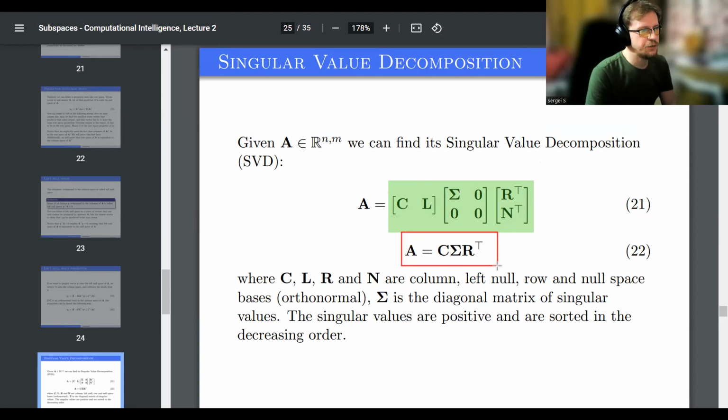It will be row space transposed times sigma times C. That is what the matrix is going to be like. This, I think, is what they usually call economical SVD decomposition. I haven't tested, but I think SVD con is what is going to produce this decomposition without those zeros and without left null space and null space.